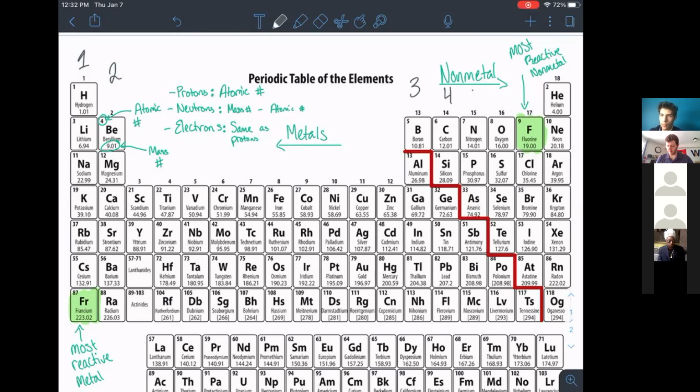And we're just going to keep going. 5, 6, 7, and 8 over here. There's one exception to that last column. Which one has the exception? Do you guys remember which one the exception was?